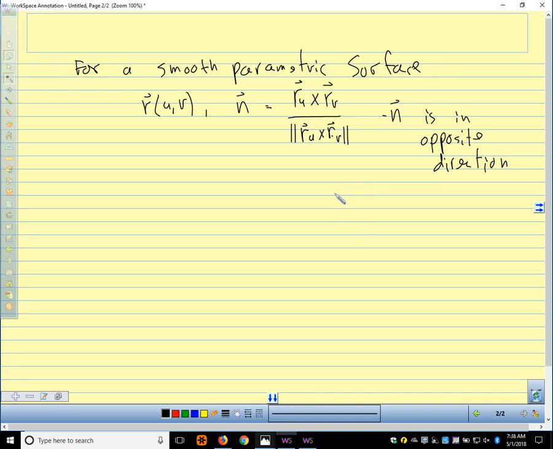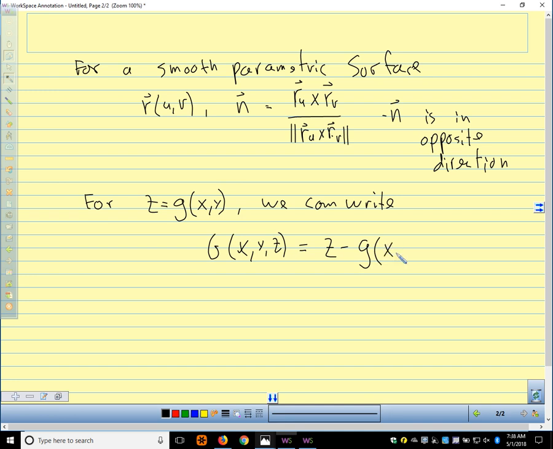And if our surface is z equals g of x, y, we can write, and we've talked about this before, capital G of x, y, z is z minus g of x, y, and that equals 0.